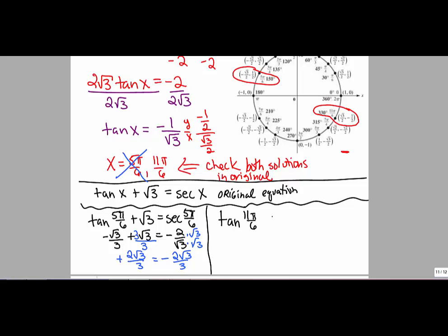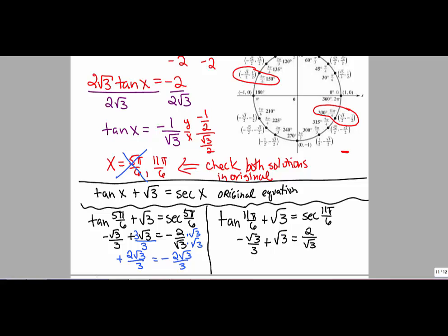So tangent of 11 pi over 6 plus the square root of 3 equals secant of 11 pi over 6. So 11 pi over 6 has a tangent value of negative square root of 3 over 3 plus square root of 3 equals, now the secant value here in quadrant 4 is positive. So that is the reciprocal of the cosine value, so that would be positive 2 divided by the square root of 3.